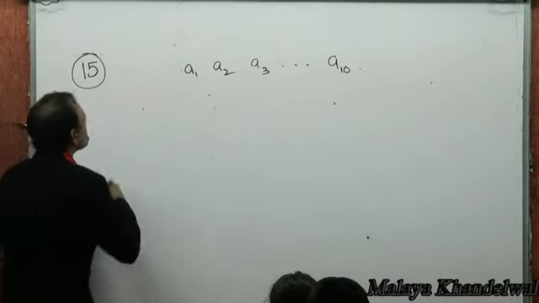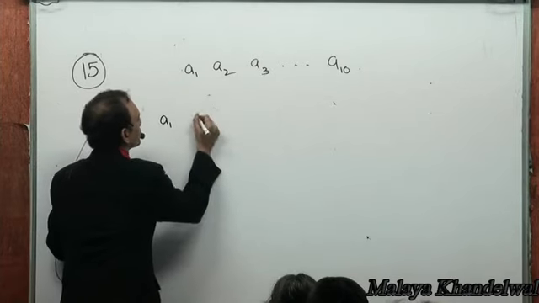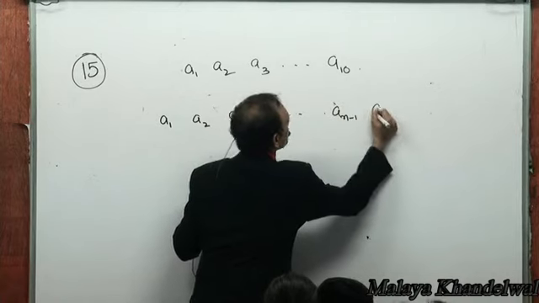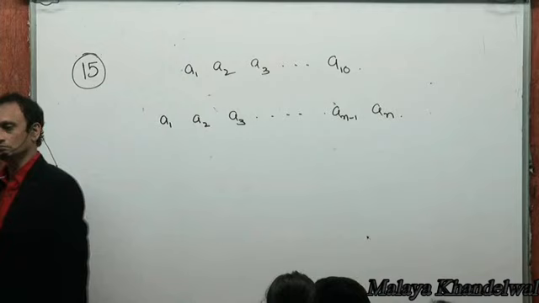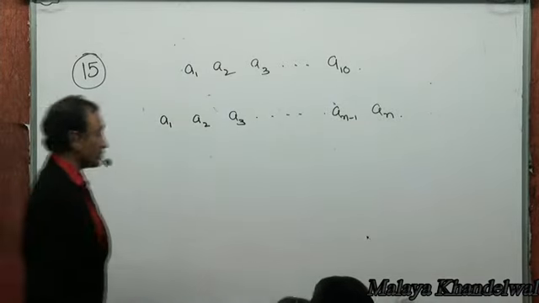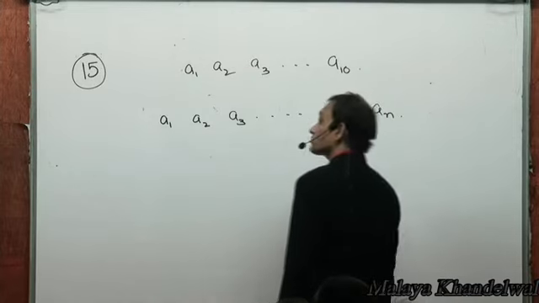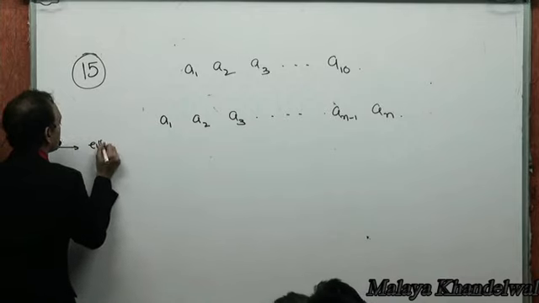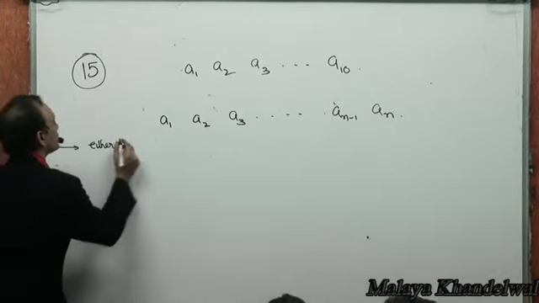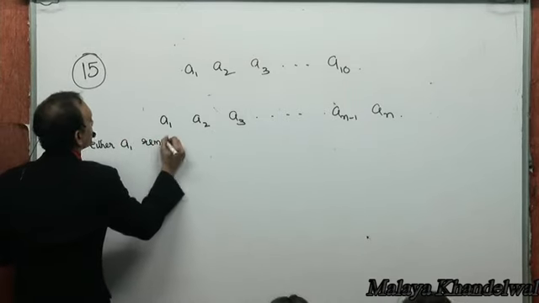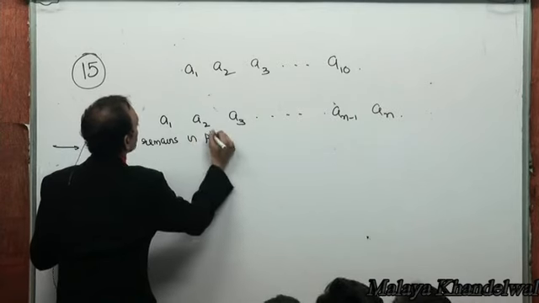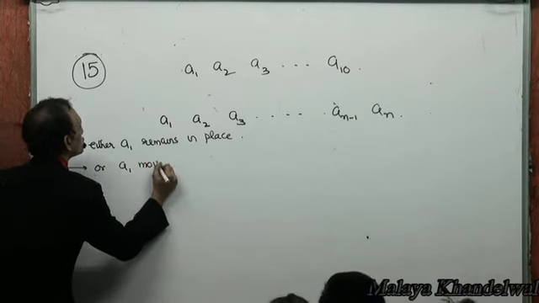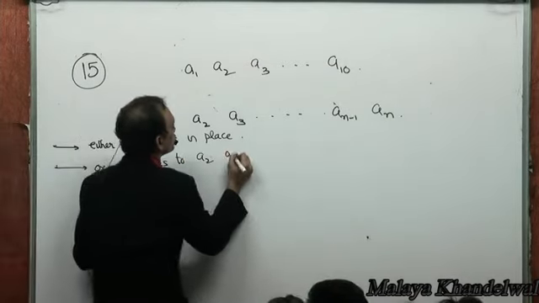Suppose there were n children. Now, there are only two possibilities. Either, in any arrangement of this, A1 remains in place, or A1 moves to A2 and A2 moves to A1.